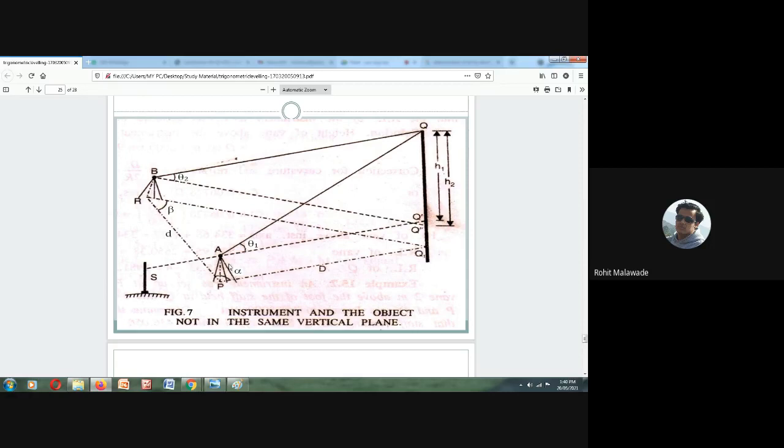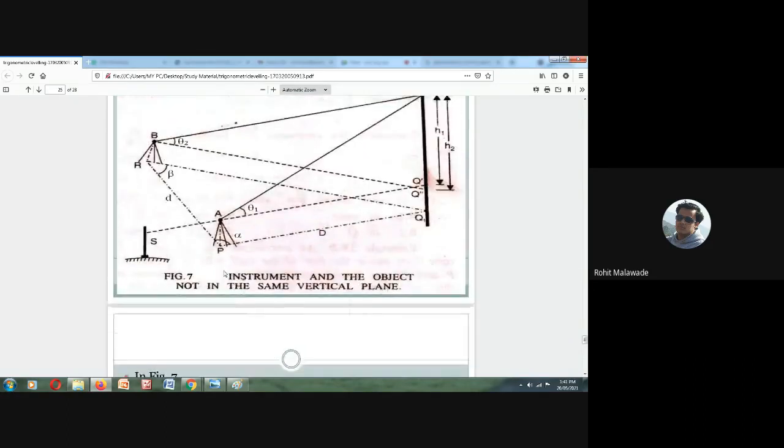Then we will be measuring the angle theta 1 over here, and the alpha from P to R. In order to measure the vertical angle, we measure theta 1, and to measure from P to R, we measure the horizontal angle alpha.